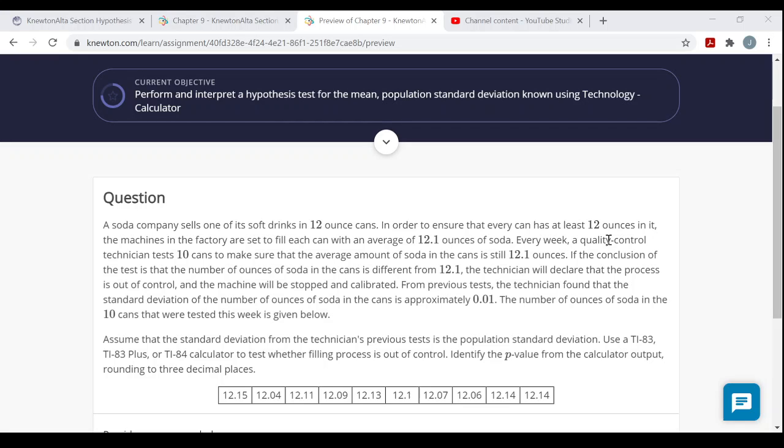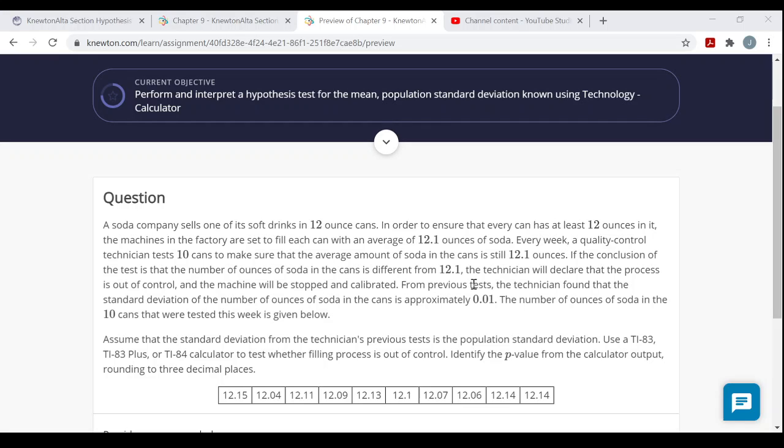Every week, a quality control technician takes a sample of 10 cans to make sure that the average amount of soda in the cans is still 12.1 ounces. If the conclusion of the test is that the number of ounces of soda in the cans is different, not equal to 12.1 ounces, then the technician will declare that the process is out of control and the machine will be stopped and recalibrated.